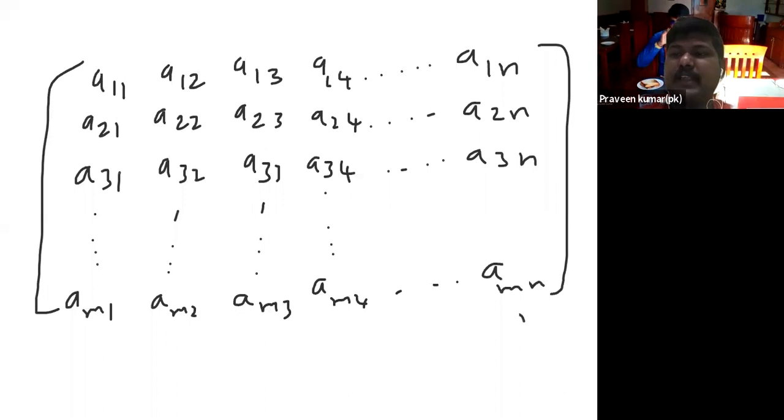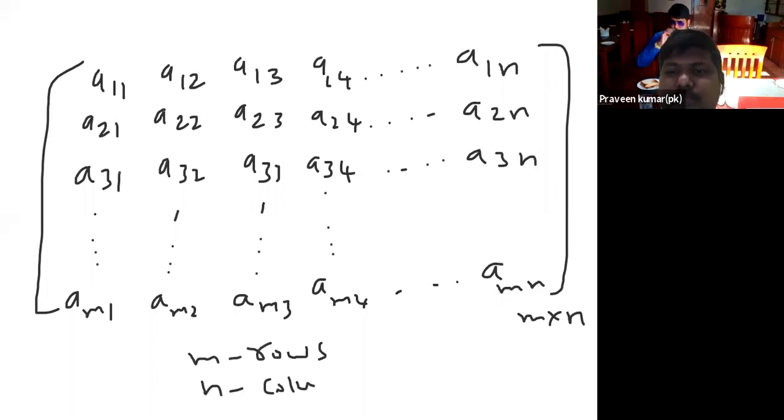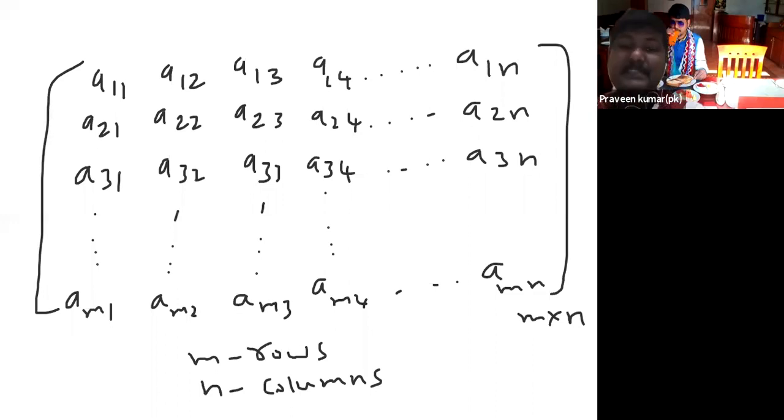What is the order of this matrix? M cross N. M rows and N columns. Rows are M, columns are N. Understand? This is the representation of a matrix.